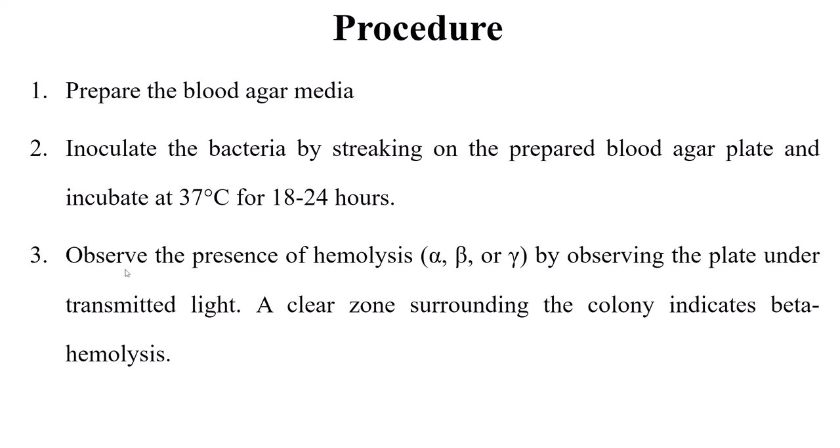After incubation, we observe the presence of hemolysis, whether alpha, beta, or gamma, by observing the plate under transmitted light. If there is a clear zone surrounding the colony, it indicates beta hemolysis.